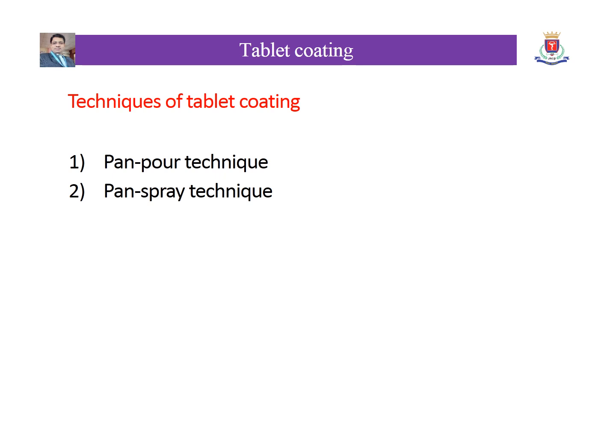Pan spray technique has several advantages over pan pour technique. The biggest advantages include the uniformity in coating and the time required for coating. Great uniformity of coating is achieved in pan spray technique.